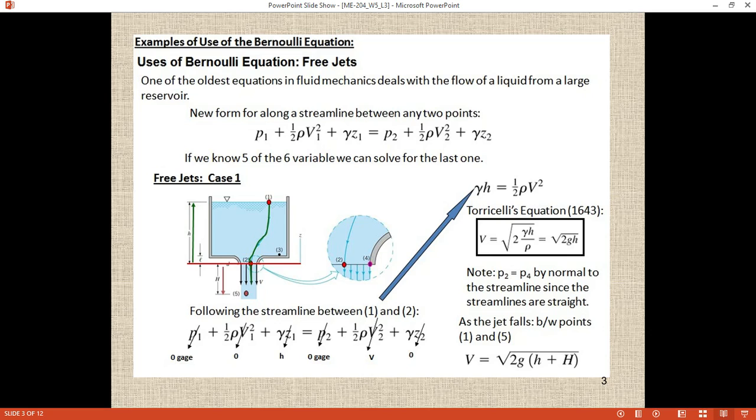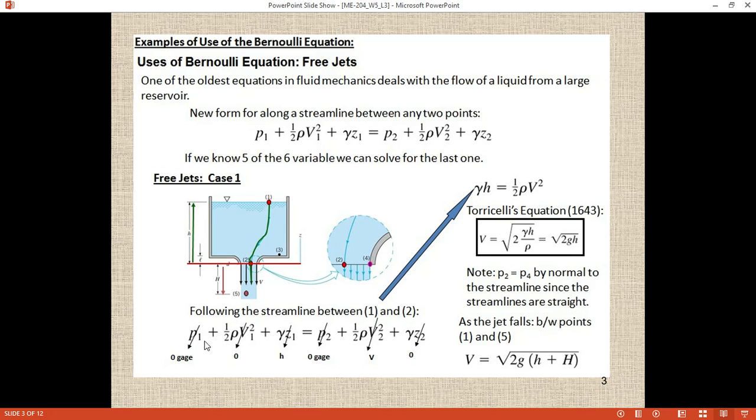If we know 5 out of 6 variables, we can solve for the last one. For the streamline between 1 and 2, if you would like to find the velocity at point 2, you can easily find it. So let's see the assumptions or conditions for the free jet.